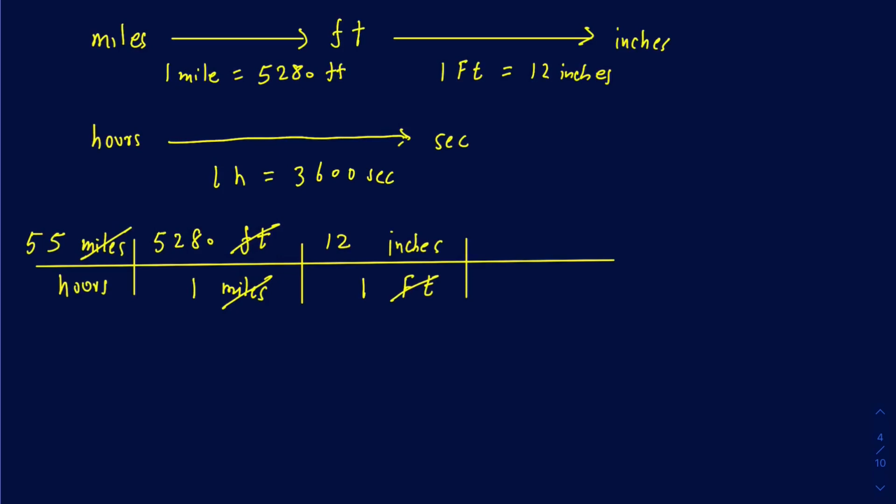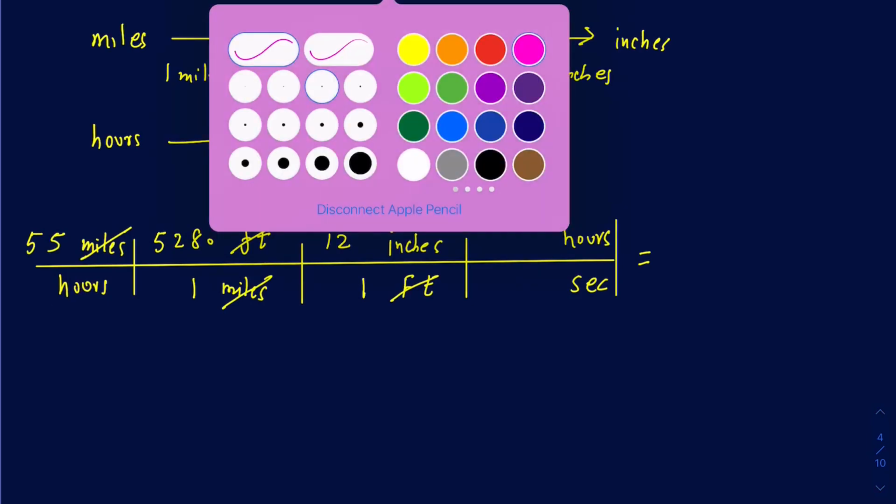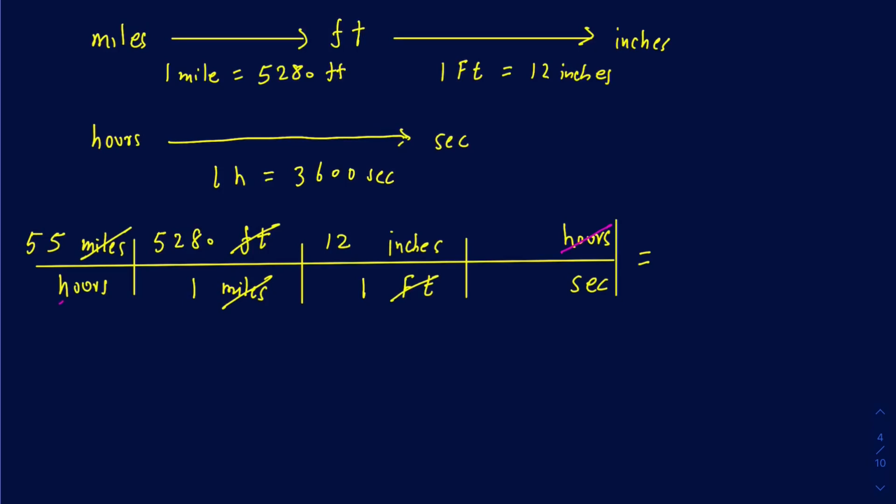Since I need to have seconds in the denominator, and I need to have hours canceled out, the hours needs to be on the numerator because that way this hour will cancel out with this hour. And you know 1 hour is about 3600 seconds.